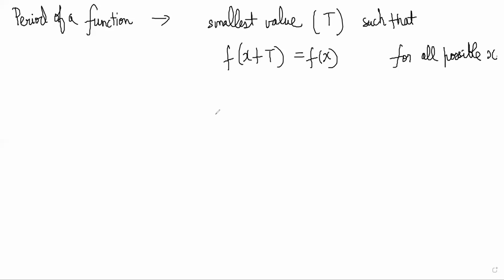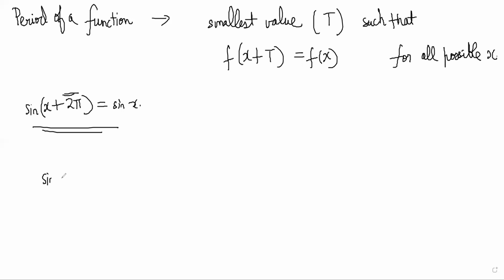Basically, it is the smallest number after which you start to see repeated values. So, for example, sine of x plus 2 pi is equal to sine of x no matter what x is. I mean, this doesn't mean that values other than t equal to 2 pi will not ensure repetition.